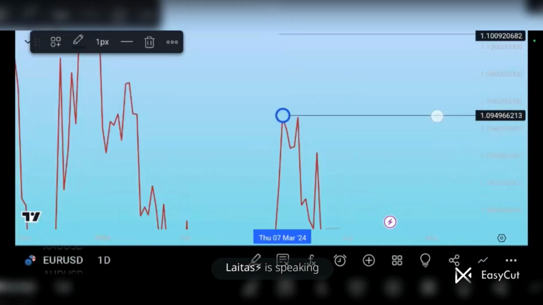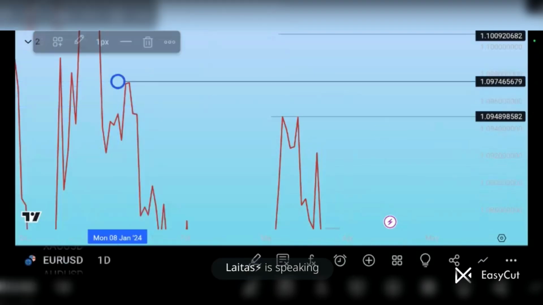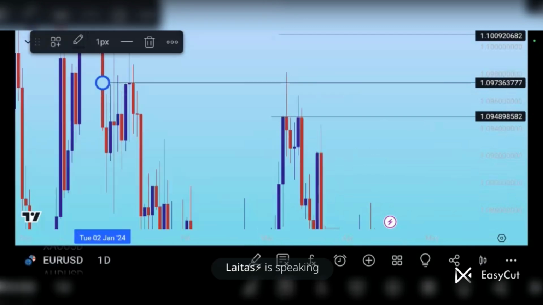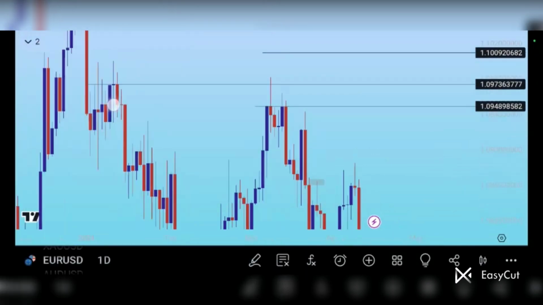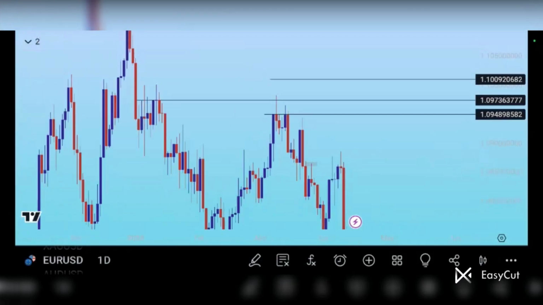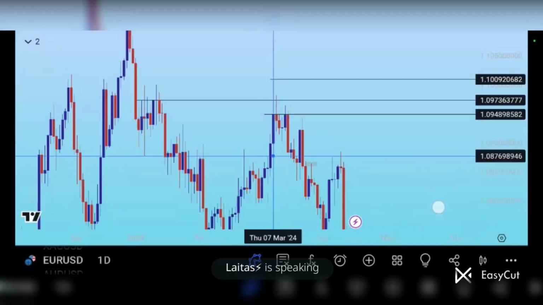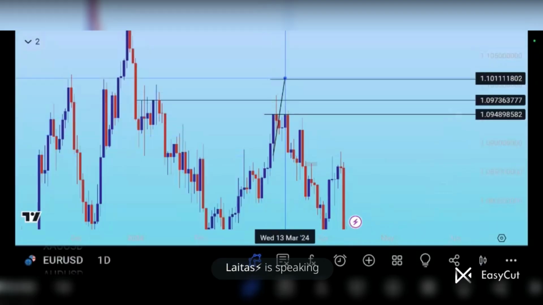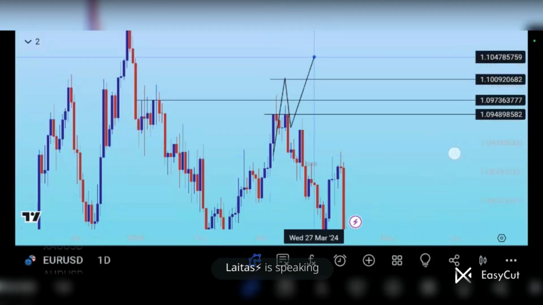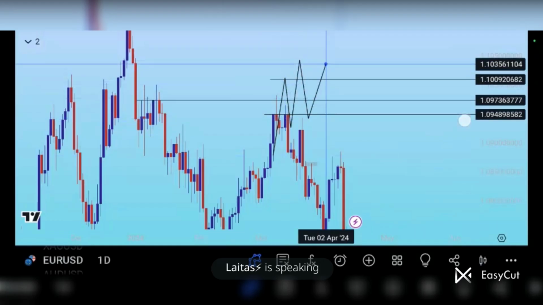This one, the first one here. Also this one too. And that is why I said you need to see this classic one. You need to see the break to confirm your trend. If you are bearish or bullish, you need to see the break because that is the most powerful one.